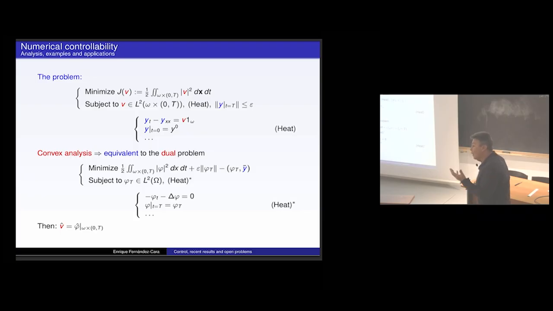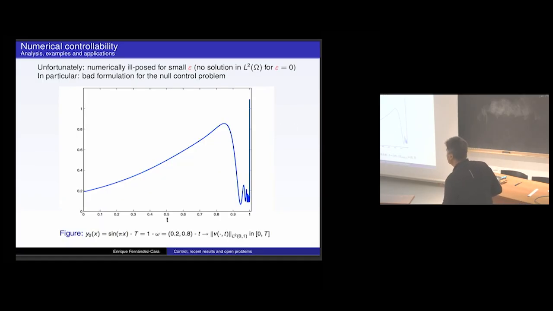So the task you have is to solve a minimization problem in which coerciveness fails. And coerciveness fails because of small values of epsilon. So in the limit, you are going to get oscillations for the solution. Okay?